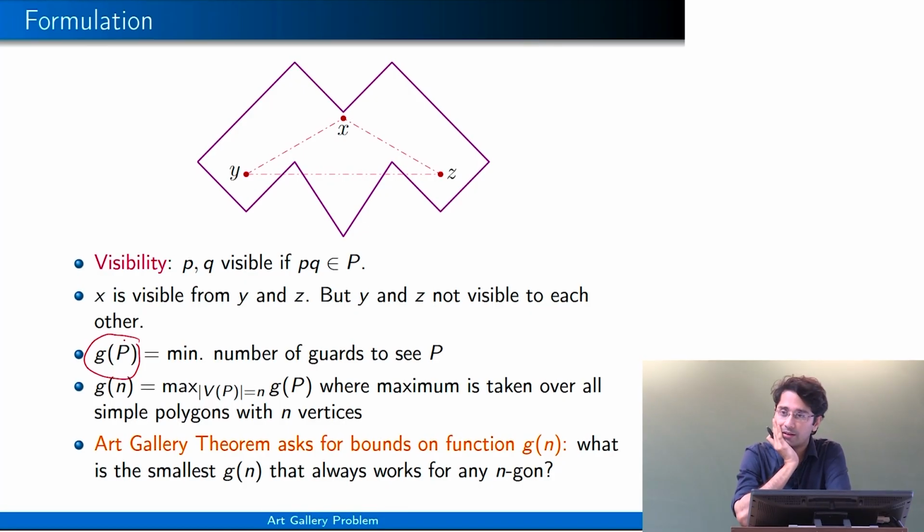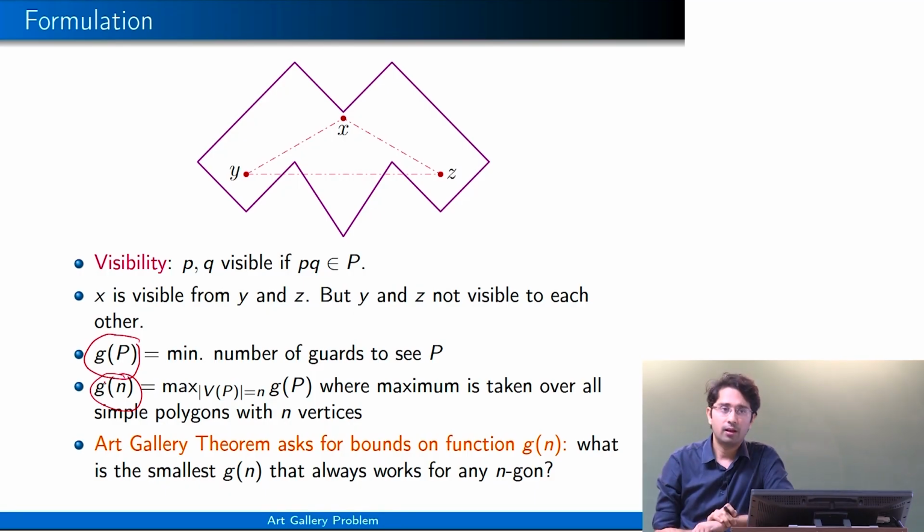Now, let Gn be the maximum number of guards required to guard any polygon, or the maximum taken over all values of G of P, where P is any polygon of size n. That means you take any polygon of size n, there is a minimum number of guards needed to cover that polygon.